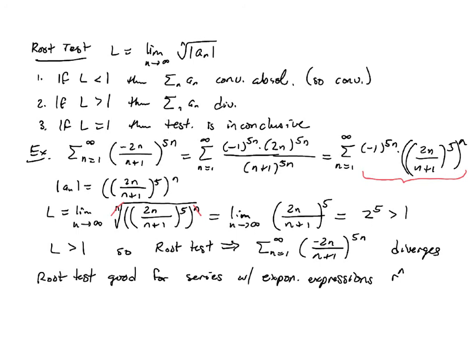Just like we saw in the example here, I have that entire expression raised to some nth power, right? That was easier to see when we simplified it. And the key idea is that when you take the nth root of an nth power, that nth power disappears. Okay. So you can see another example like this in the text, which is example number 6. And this is the end of the lecture on section 11.6.